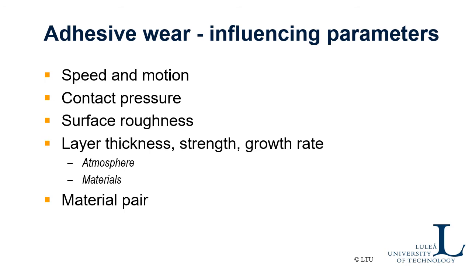If you remember from other videos on friction, for example adhesive friction, the material pair, the different materials, now I'm talking about metals mainly, are more or less compatible to each other.